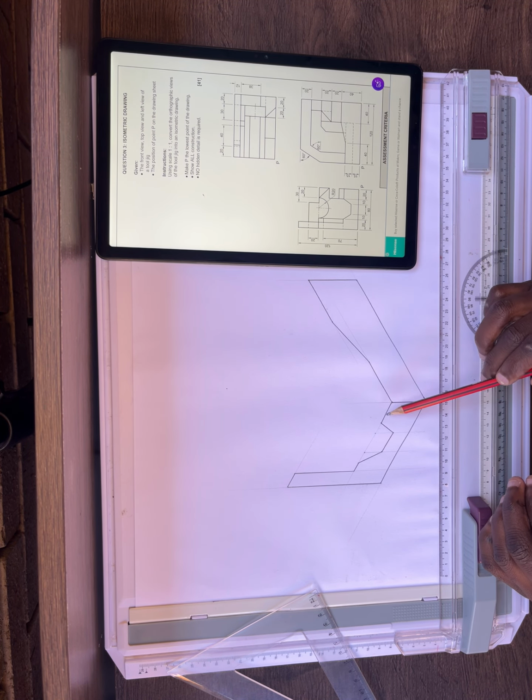Therefore, let us insert it. Put this one aside, just like this. Then it's the same distance from here to here, the same distance of 20. Then I'm gonna put it here.